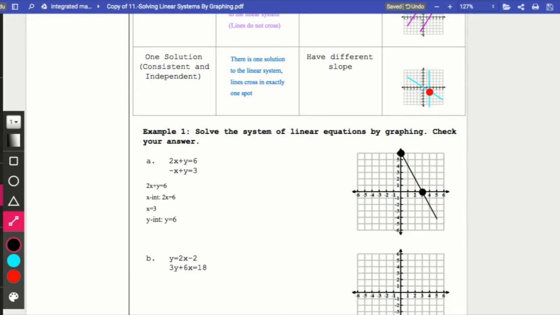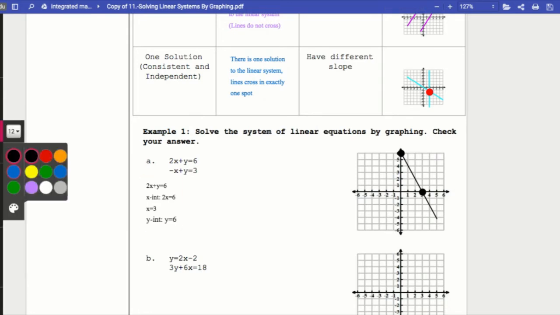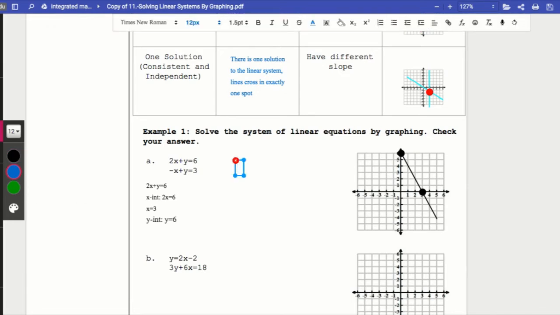I'm going to do the same thing for the second equation. The reason why I'm choosing x-intercepts and y-intercepts is because notice how the equation is in standard form. That makes it the perfect candidate for using the intercepts because finding them is really just a one or two step equation. Remember that the second equation is negative x plus y equals 3.